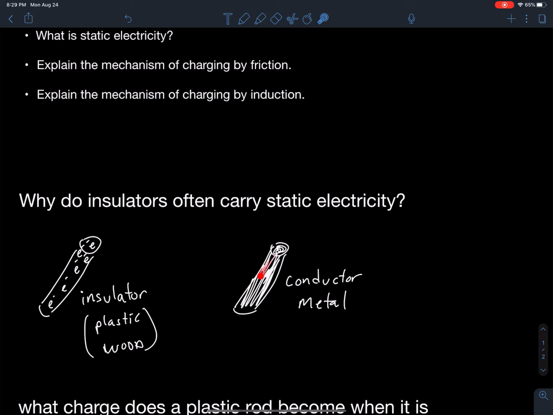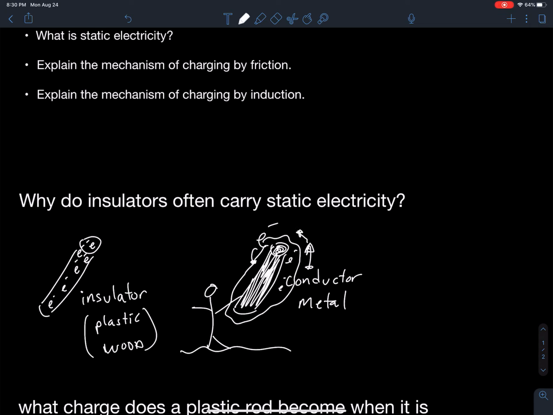Well, why doesn't a metal often carry extra electrons? Usually because somebody is holding on to it, and they're attached to the ground. As soon as we put an electron on it, a conductor allows electrons to move. There is a sea of electrons around that metal that are constantly moving in all directions.